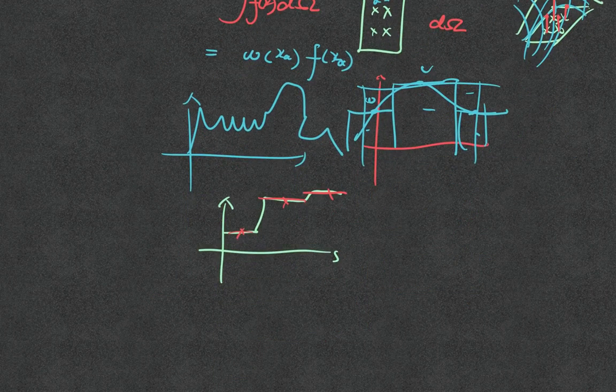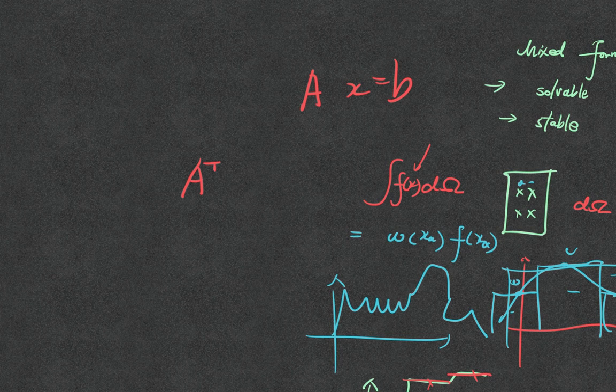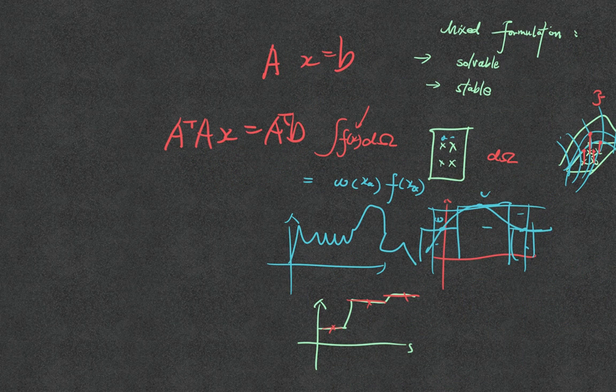But remember, A^T A is a square matrix. So A^T A X equals A^T B always has a solution. This is called the least squares solution. It's not the actual solution, by the way. You may get different solutions compared to AX equal to B, but you can actually get some solution. So going back to that, sorry, I think I'm a little bit off topic.